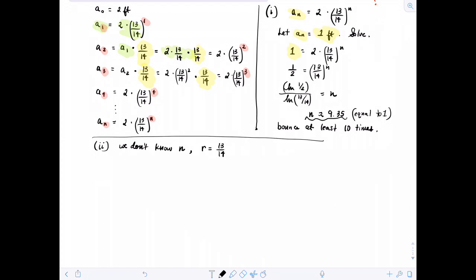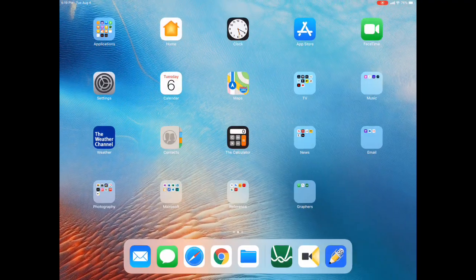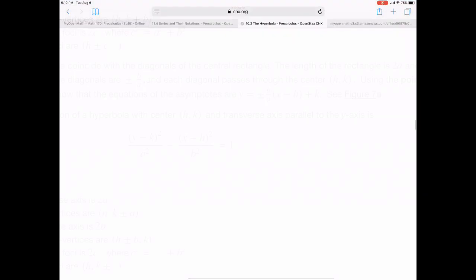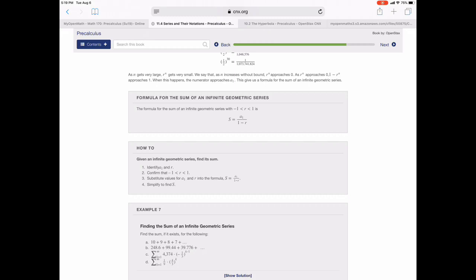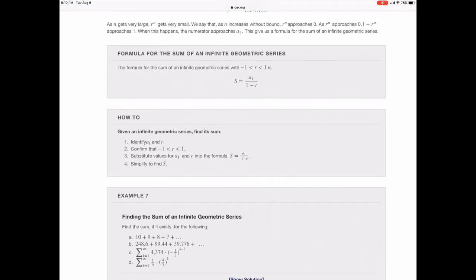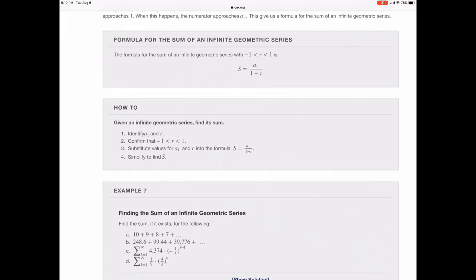So we're going to have to go to what we call the infinite geometric series, because we're looking for the sum, and that moves into what we call a series. So let's go to our textbook and look up the sum of an infinite geometric series. The reason we're using this is because we don't know n.